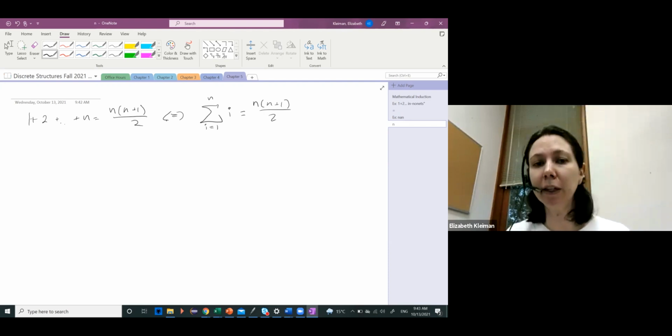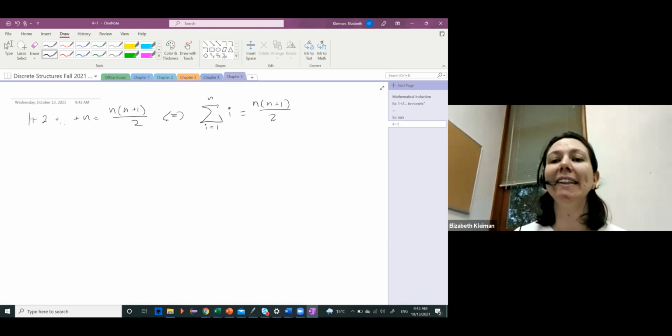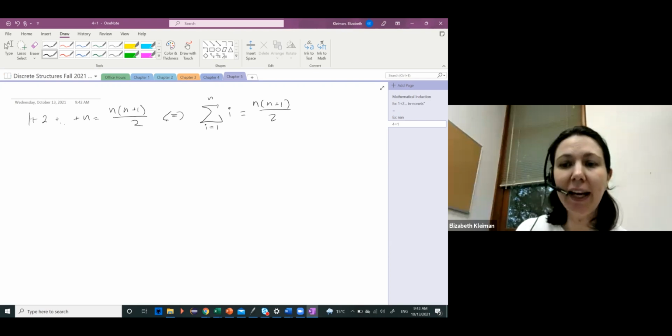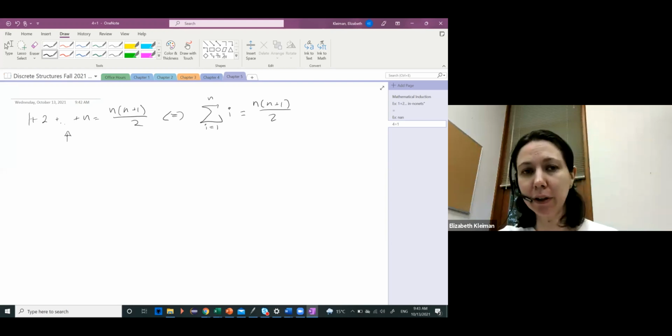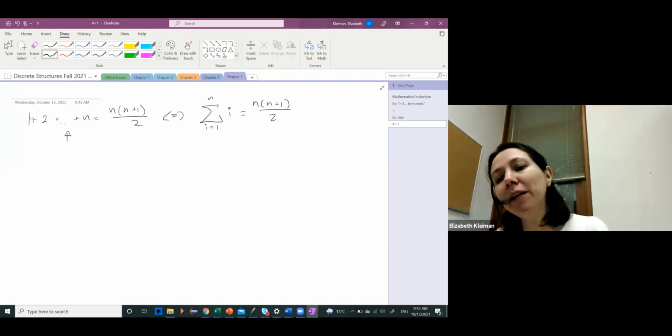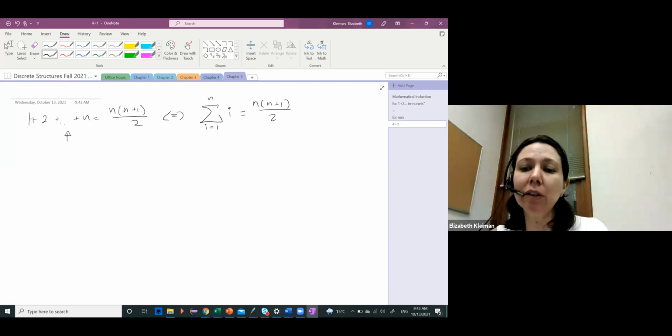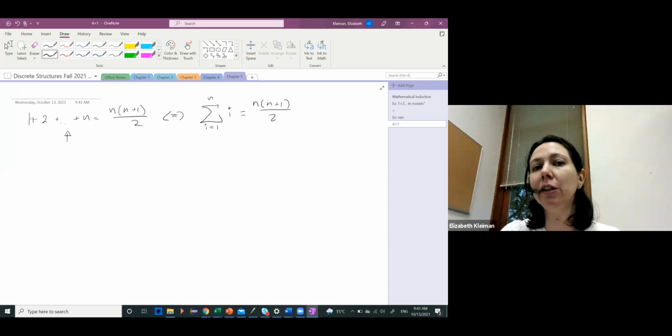Those two are equivalent to each other. Those are just the same problem written in different notations. As said in the last class, I prefer this one when I work, because this way I see how many elements I have. But you can use either notation.